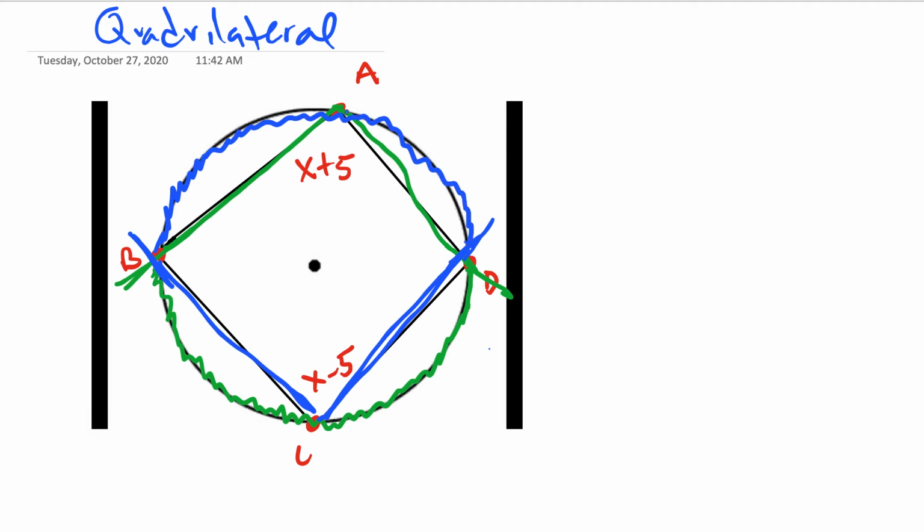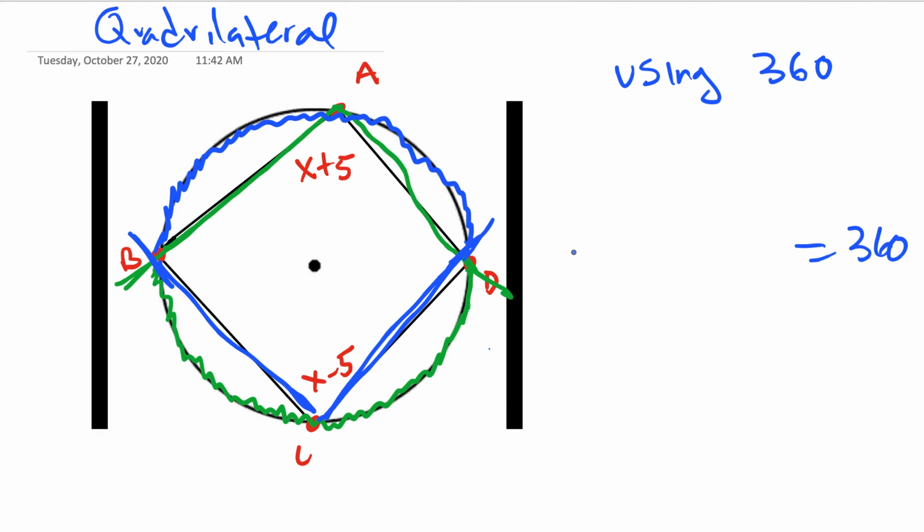And so again, we're seeing that the entire circle is being colored. The top angle is using the bottom arc, the bottom angle is using the top arc. Together, they're using the whole circle. So we know they're going to equal 360.